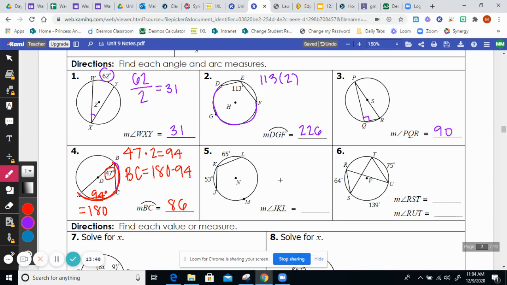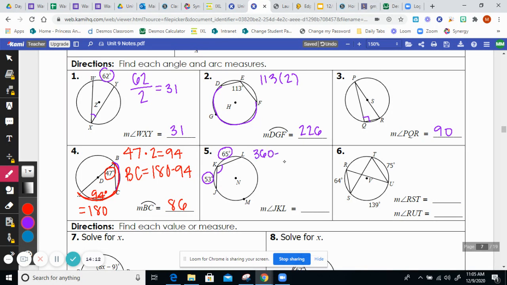So now we want to find the measure of angle JKL on number 5. So JKL right here. We're given this arc measure out here and this arc measure out here. Remember, all of the arc measures have to add up to 360. So I can subtract these two from 360.